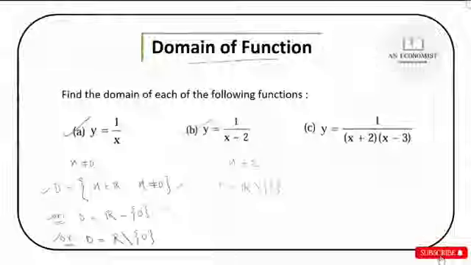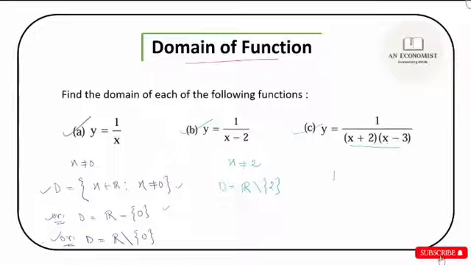Now the third question says Y is 1 upon (X plus 2)(X minus 3). The concept is again the same. The product cannot be 0. So there are only two values which make this product 0. Either X is minus 2 or X is 3, right? You can put the values and check. So what do you write?